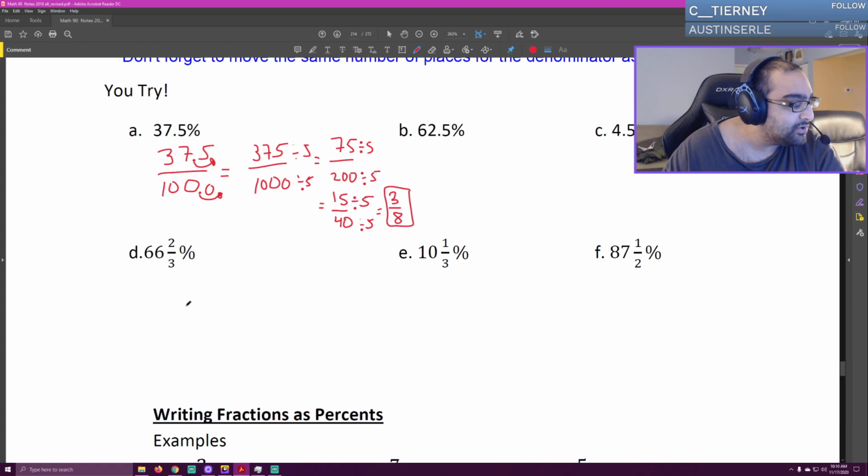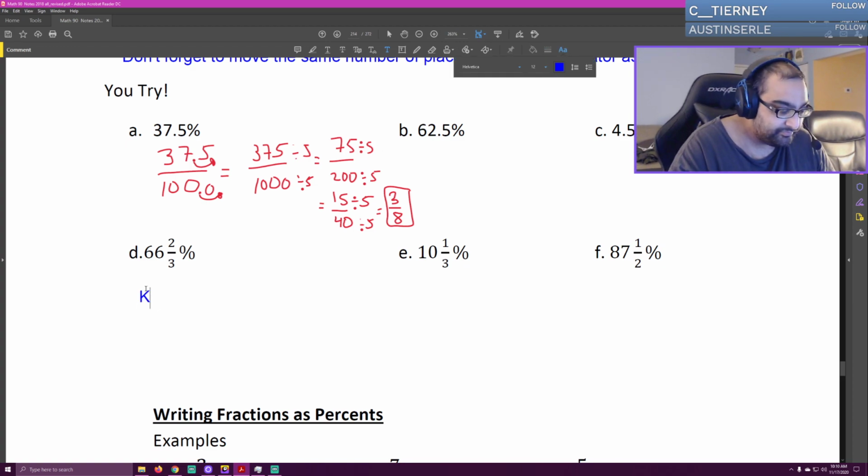So basically, if we are going to convert this into a proper fraction, what we want to do first and foremost, and let's talk about the key here.